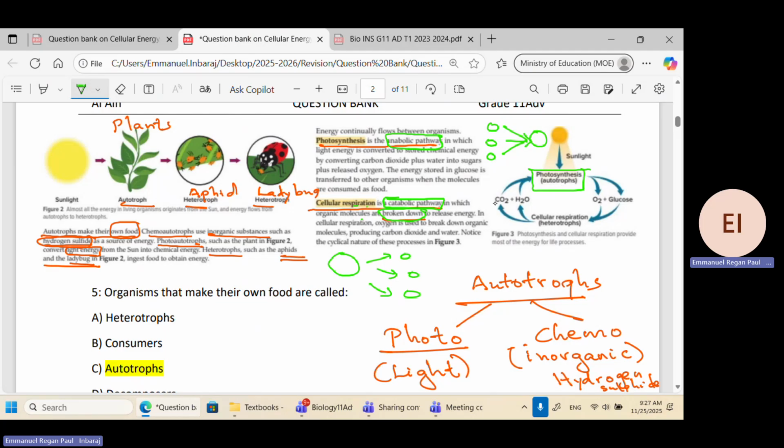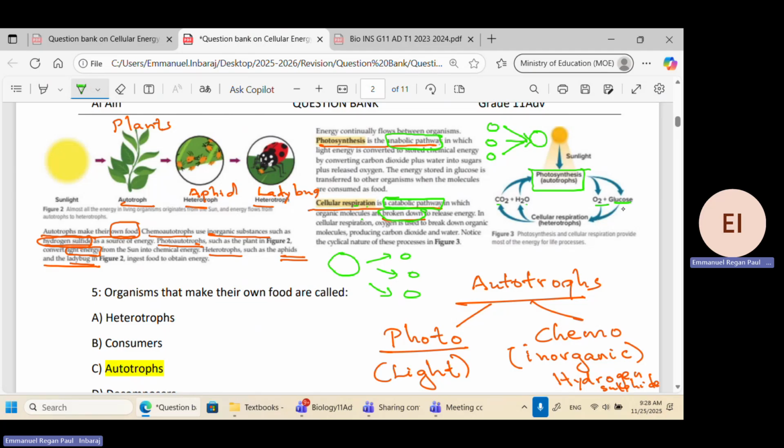So remember, CO2, a smaller molecule, and H2O, a smaller molecule, are forming something big. What is that big? Glucose and oxygen. So here in this box, it is photosynthesis, the anabolic pathway.